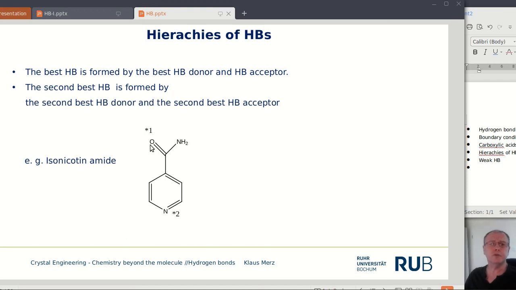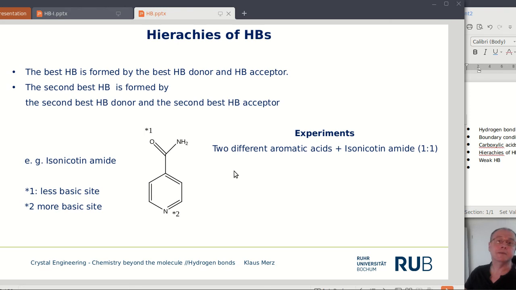Well, we have two basic sites here, the less basic site and the more basic site. Now, a very easy crystallization experiment: you take this isonicotinamide and mix it with two different acids with different strength, different acidity.